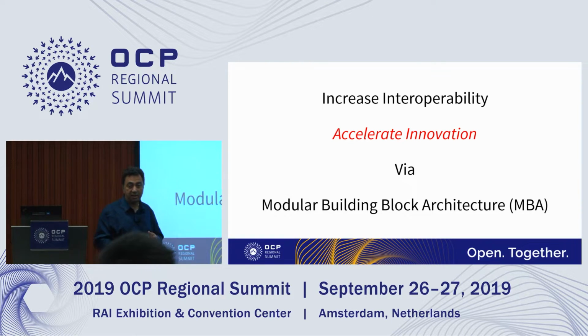So we thought that if we had an interoperable modular system, then we could accelerate innovation as well. If different companies, as users or suppliers, needed to change a portion of the design, they could do that independently. So we built the whole system around a modular building block architecture.